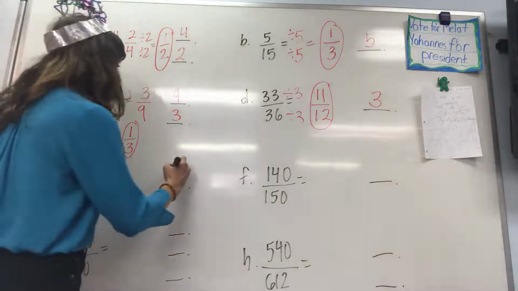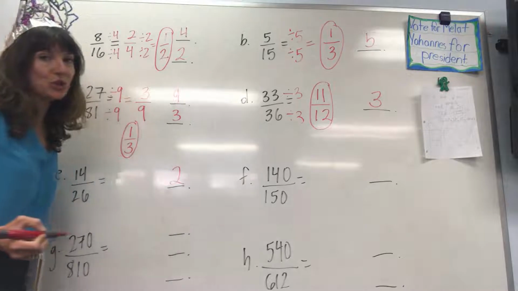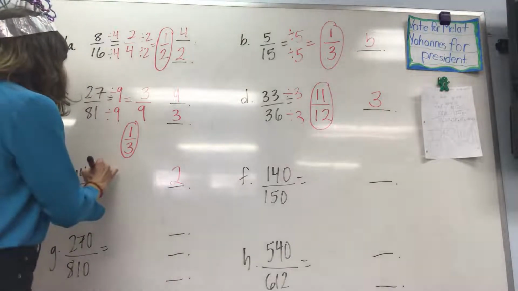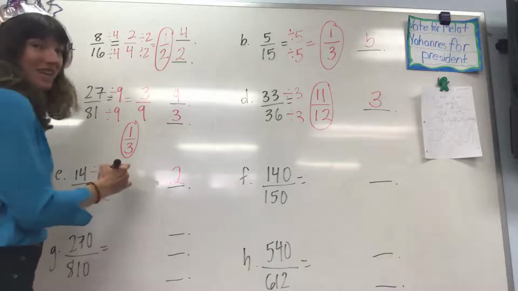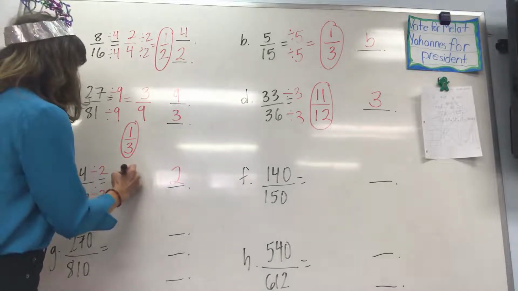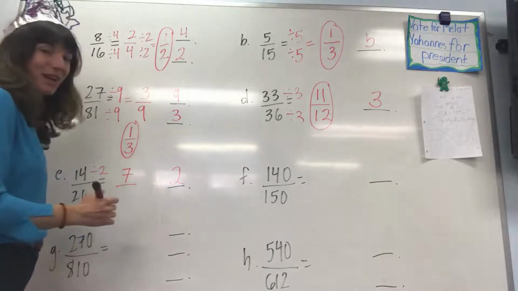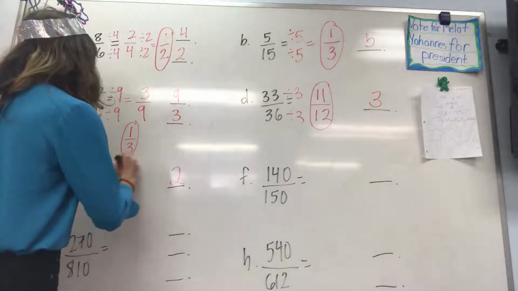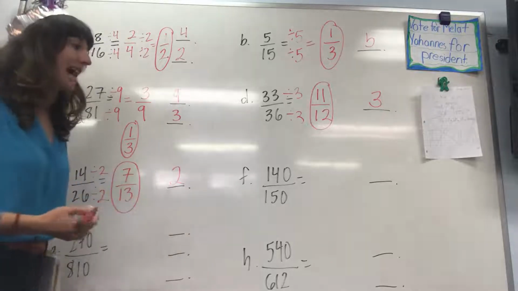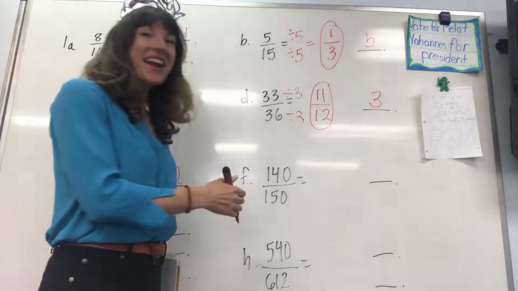So that's our only option. Please put 2 in the blank and then divide top and bottom by 2. 14 divided by 2 is 7, and 26 divided by 2 is 13. There we go.